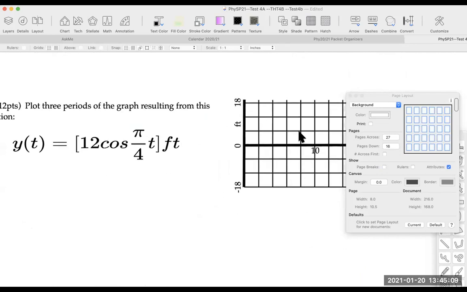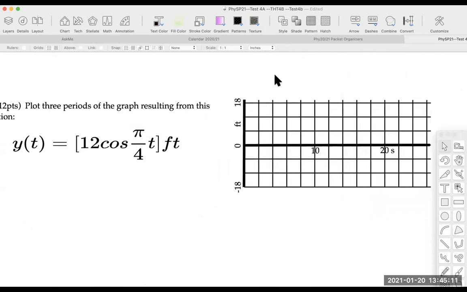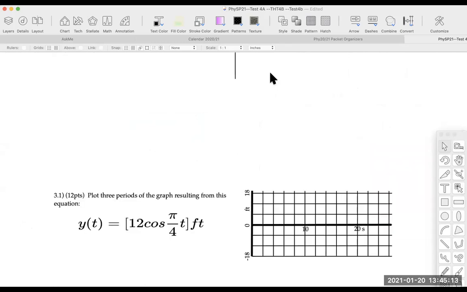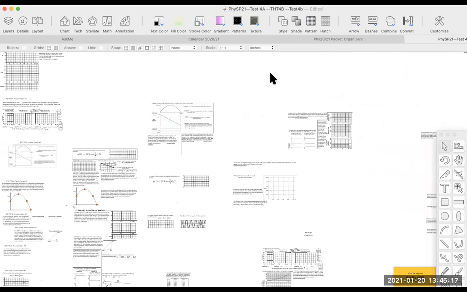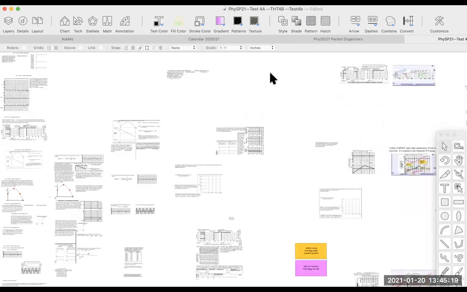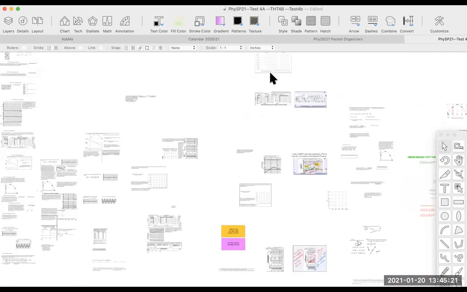So hey, dig this. When I'm writing a test, this is test 4B stuff, but all of this is my workshop where I'm picking up problems from previous years. I think it's like 200 pages long.